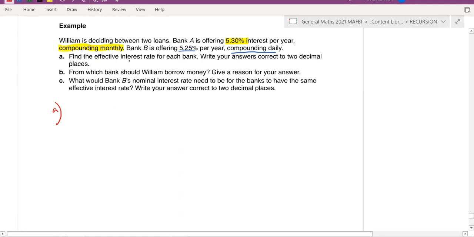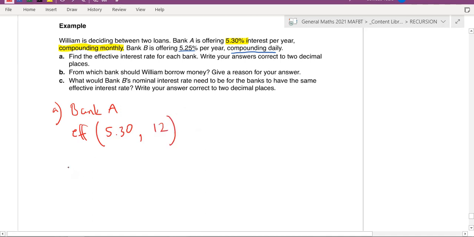So for part A, Bank A, you want to find the effective rate for it. So on your calculator, you will type EFF, and then you can see that the interest rate is 5.3. So the nominal interest rate for that is 5.30, comma, and then it's compounding monthly.